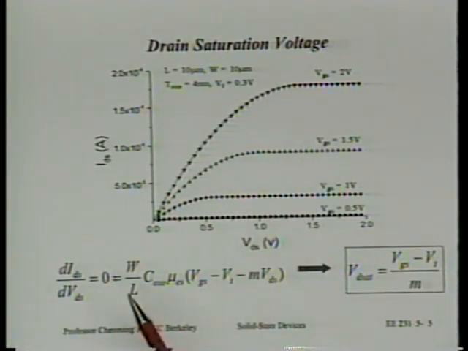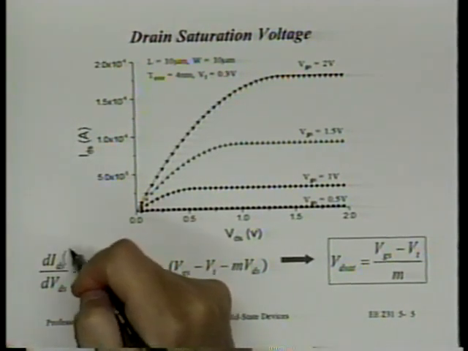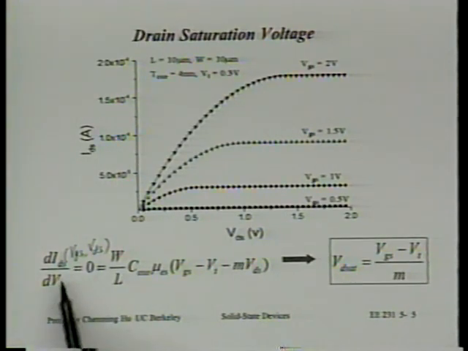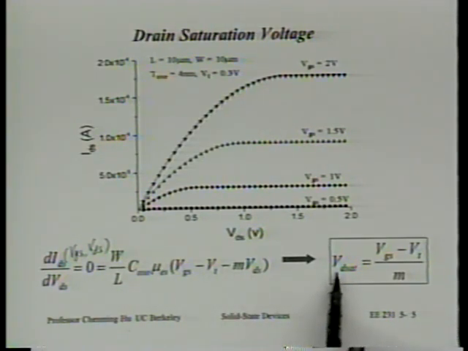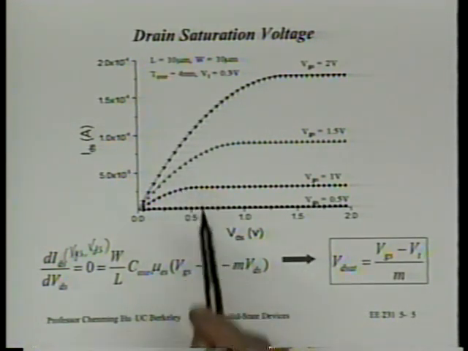Now, if you take the IDS equation from the previous slide, IDS is a function of VGS and VDS. If you differentiate that with respect to VDS and set that to 0, you find the differential gives us this. And setting that to 0 gives us VDS equal to (VGS minus VT) over M. In other words, when VDS is equal to this quantity, the IV curve becomes flat.